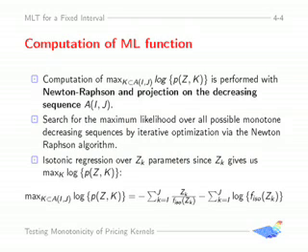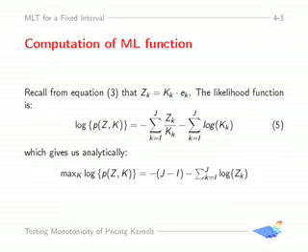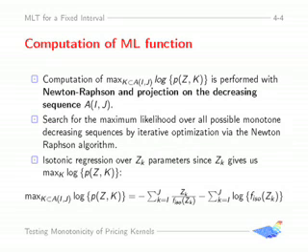So this is the most time-consuming step in the test, because the maximum likelihood for the general class of models is given analytically, so it's no problem to compute it. But the question is, of course, how to compute the maximum likelihood of this model.